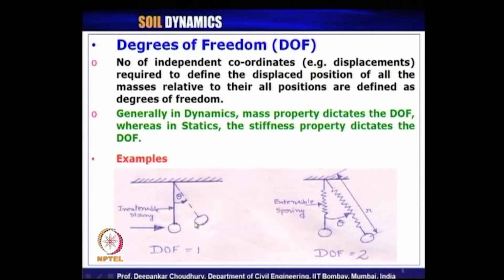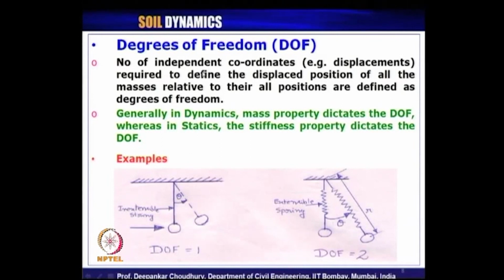For this entire system, if we know this angle theta at any point of time, then we can define the position, the displacement, or the coordinate of the entire system at any time. That is why this theta is the independent coordinate, as in the definition we have seen.